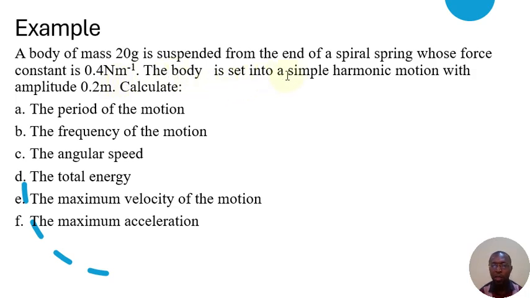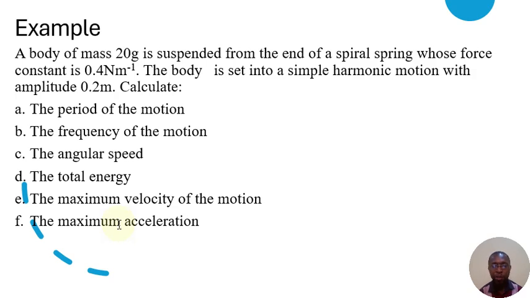The body is set into simple harmonic motion with amplitude 0.2 meters. Calculate: A, the period of the motion; B, the frequency of the motion; C, the angular speed; D, the total energy; E, the maximum velocity of the motion; and F, the maximum acceleration.